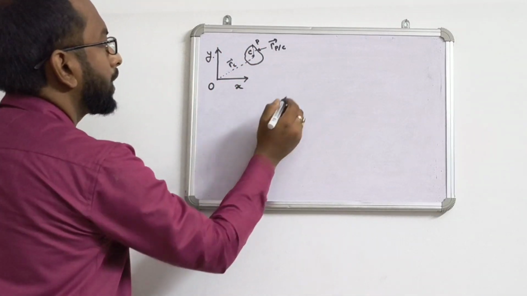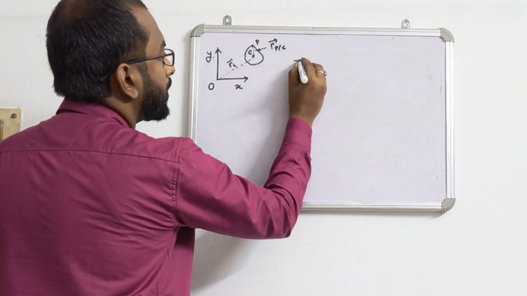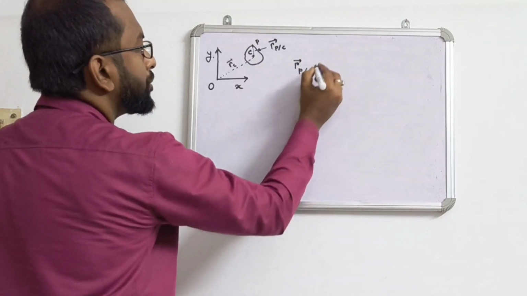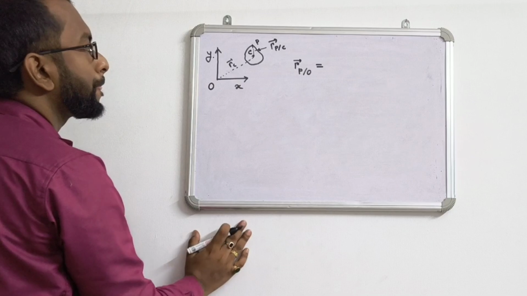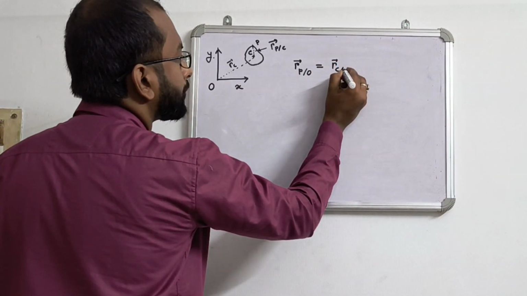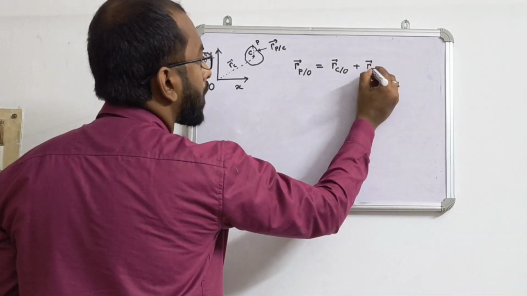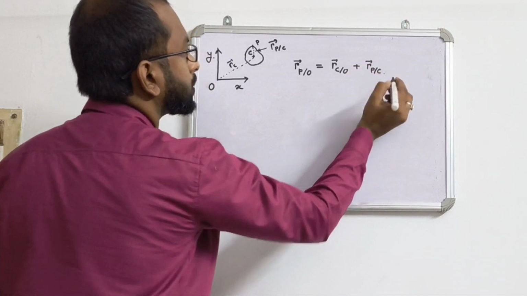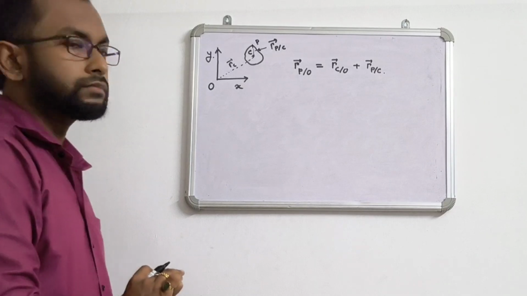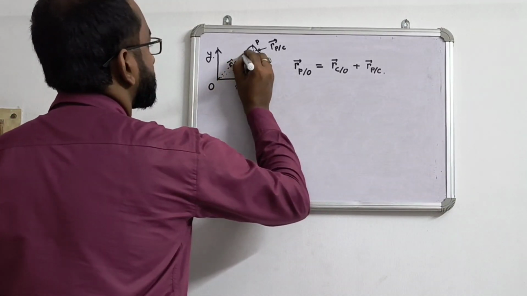Now we can write that R_P with respect to origin will be R of center of mass with respect to origin plus R of P with respect to the center of mass. That is just a vector concept.